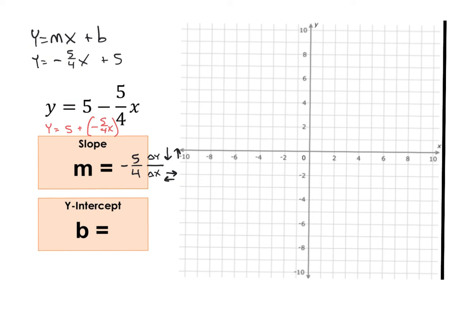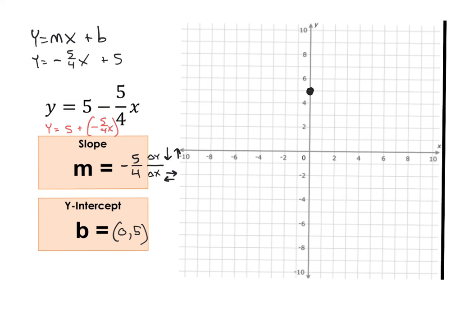Right, my y-intercept is that B location. So in this case, my y-intercept is 5, or more precisely, it is the point 0, 5. Let's graph it. So 0, 5 is right here.